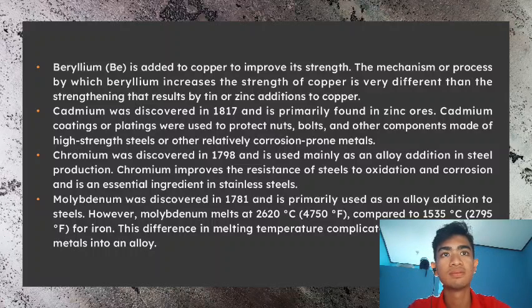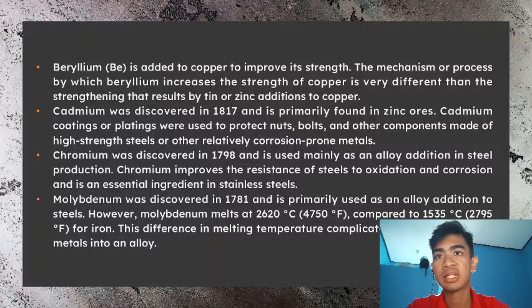The mechanism or process by which beryllium increases the strength of copper is very different from the strengthening that results from tin or zinc addition to copper. The copper-beryllium alloy contains only a small amount of beryllium, but can be processed or heat treated to be much stronger than any low-tin brass or copper-zinc alloy.